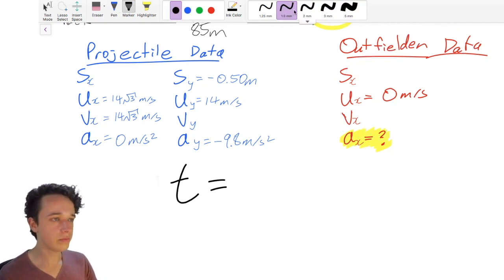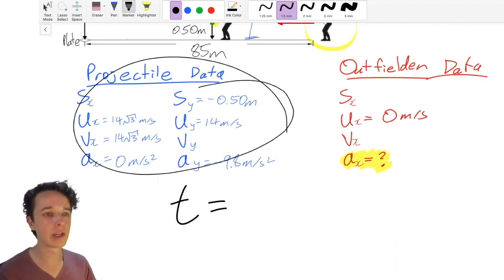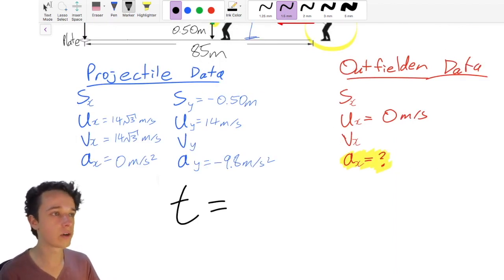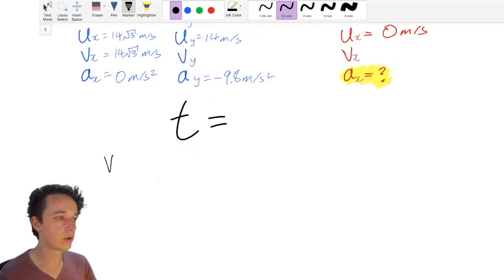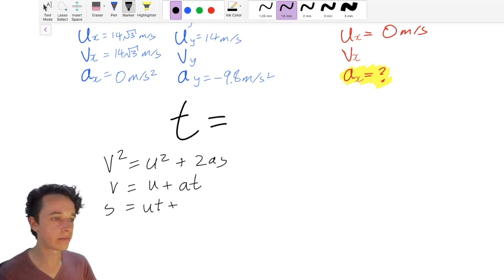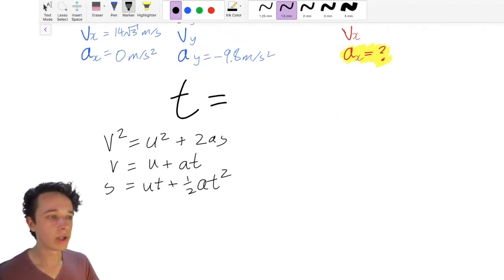So how do we find the time? Well, now we have more data relating to the projectile than we do relating to the outfielder. And so I'm going to focus on the projectile data here. So if we again recall our kinematic equations, v squared equals u squared plus 2as, v equals u plus at, and s equals ut plus half at squared. And we look at the data in the x component, remembering that we're looking for a time.